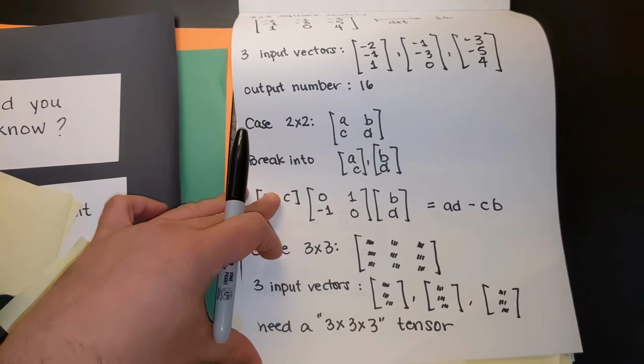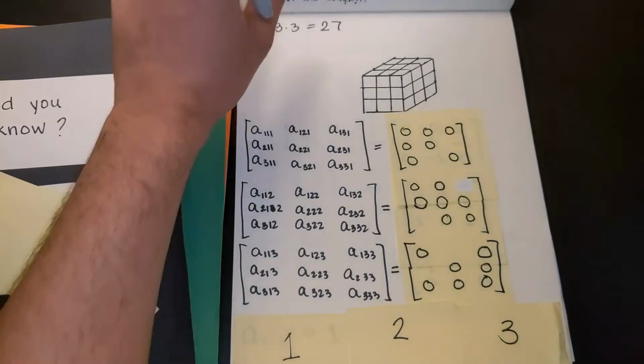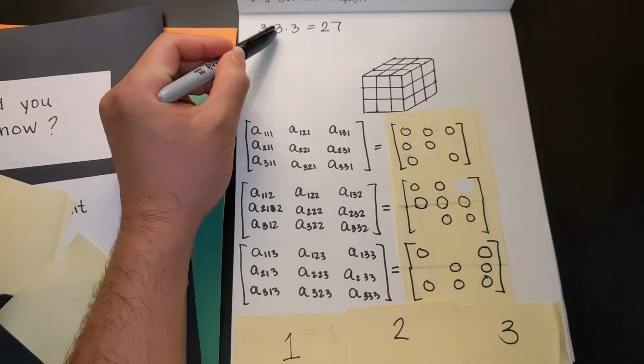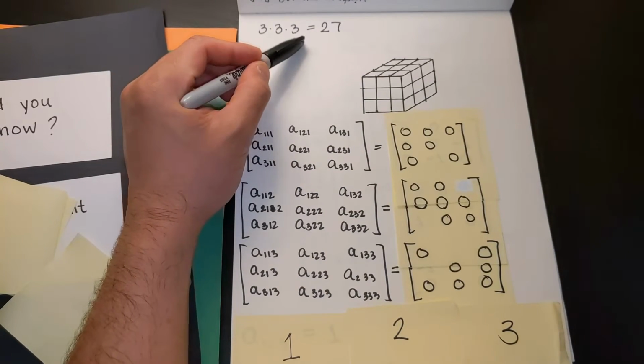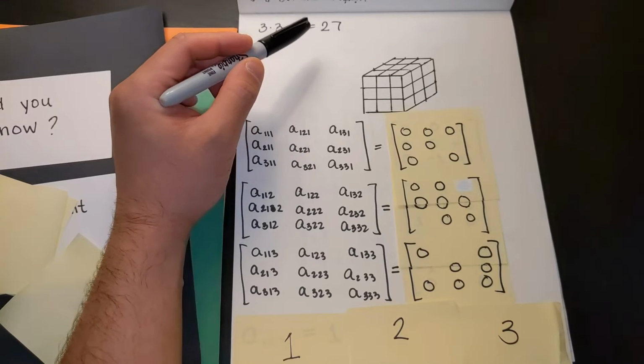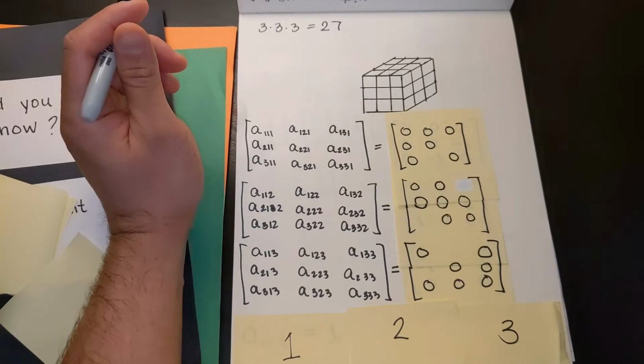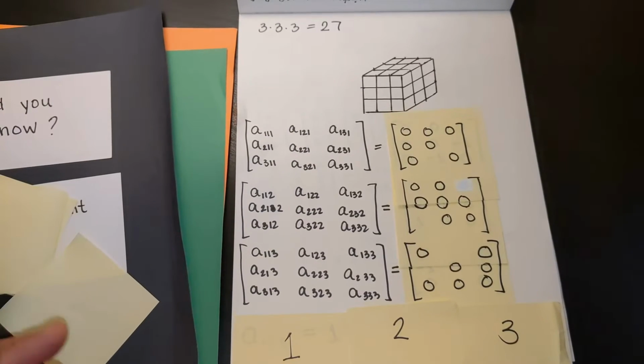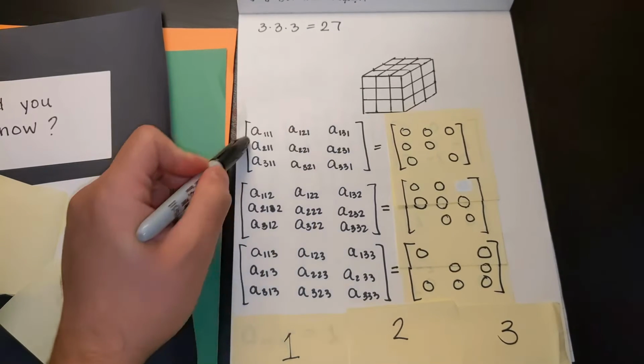We need 3 times 3 times 3 entries. That's 27. The good thing is that most of the 27 numbers are zeros. We only need 6 numbers that are not 0. Let's put labels on them like before.